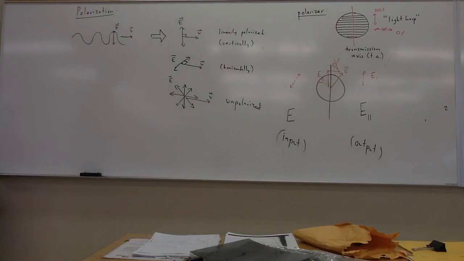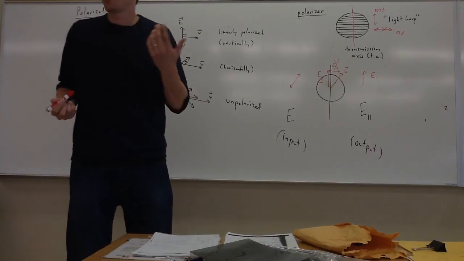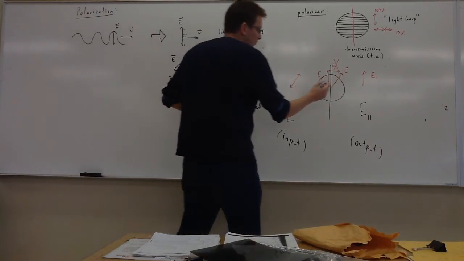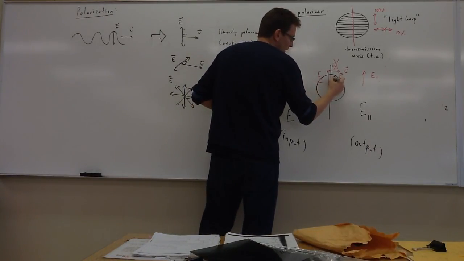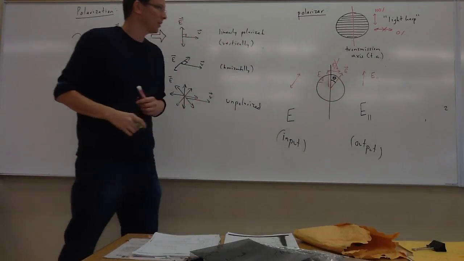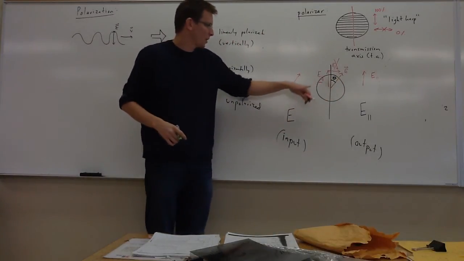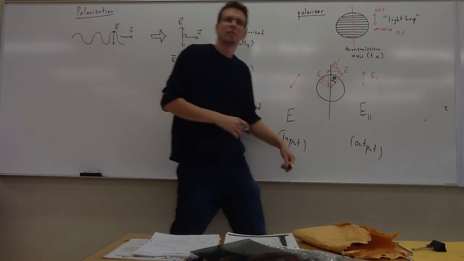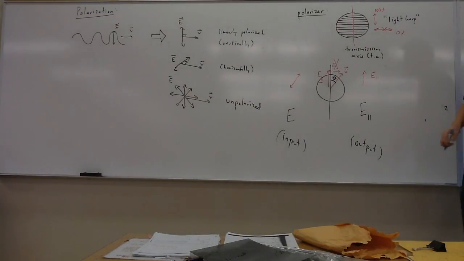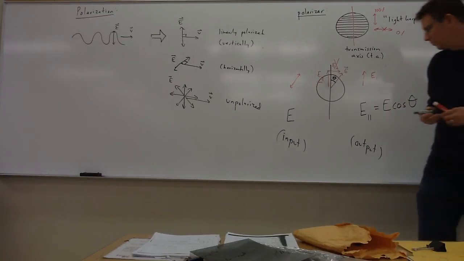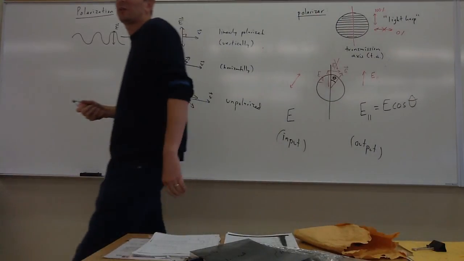Of course, normally with components, let's do our SOHCAHTOA. Let's say the angle between the incoming polarization and the transmission axis was theta. Then how could we express E parallel? What is it? E cosine theta, that's right. So E goes in, E cosine theta comes out.